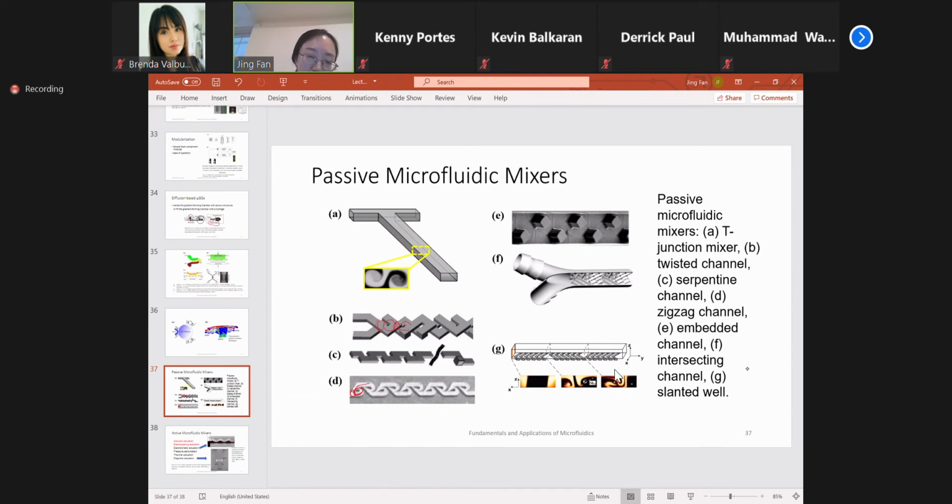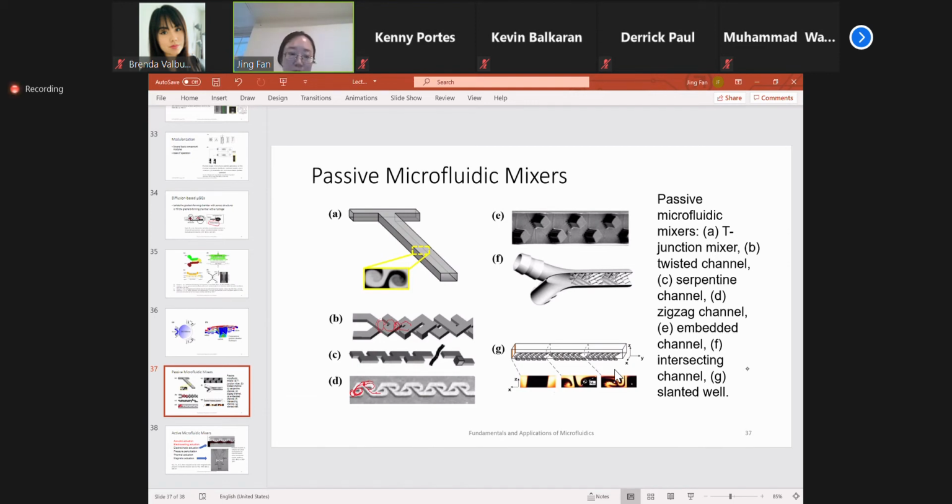Then they travel to the next junction, where it splits into 2 streams again. One goes this way and the other directly goes this way. This structure then repeats periodically. We call it a zigzag channel.